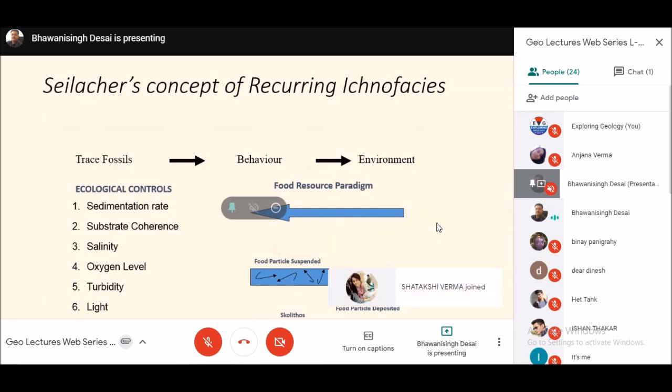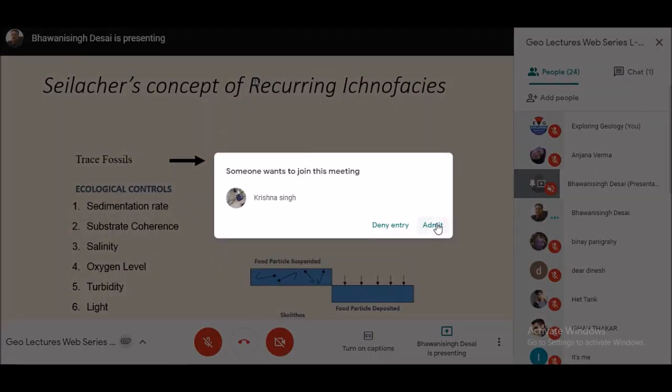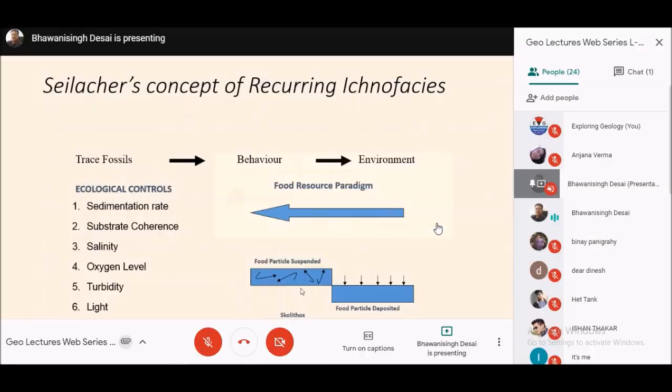That worm won't survive in the one where the organic matter has already settled. So its behavior has changed: environment change, behavior change. It will go away from there, but it will survive successfully in the other environment. That is the Skolithos environment. Why? Because the food availability is there. So as your environment changes, the behavior will change. The behavior changes, the animal would change, and this gives you a series of ichnofacies.